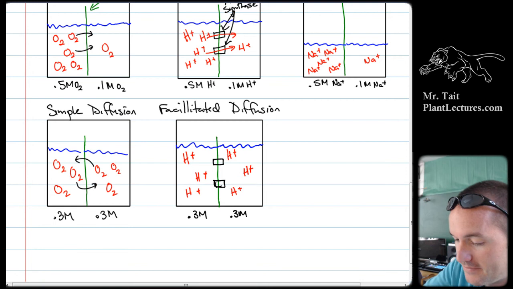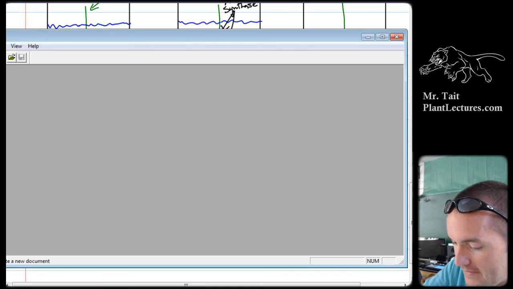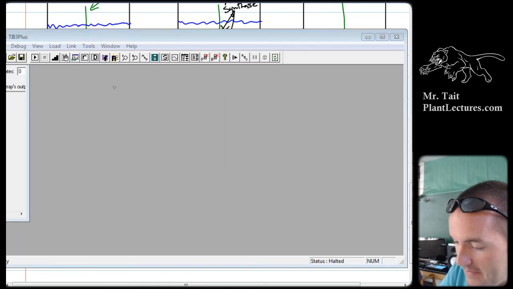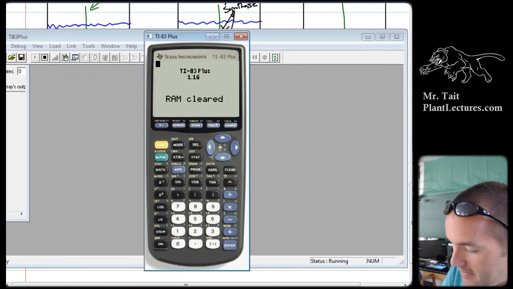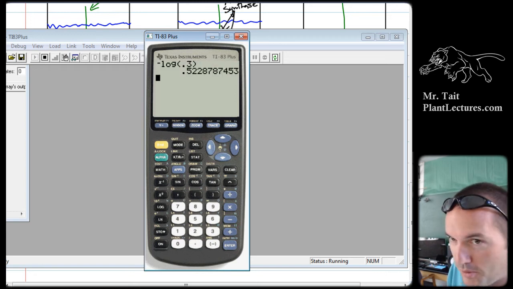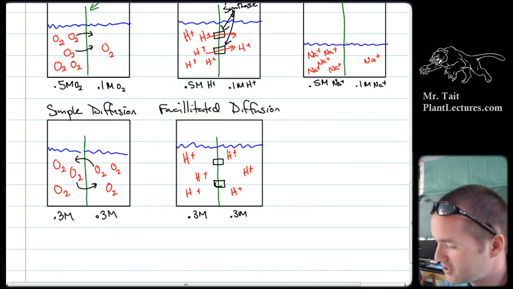So if you took the negative log of 0.3, its pH would be 0.522. You guys remember that in chemistry? All right, so that's facilitated diffusion.